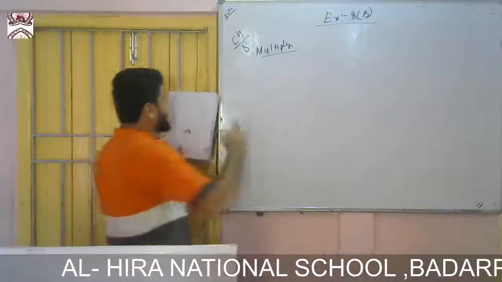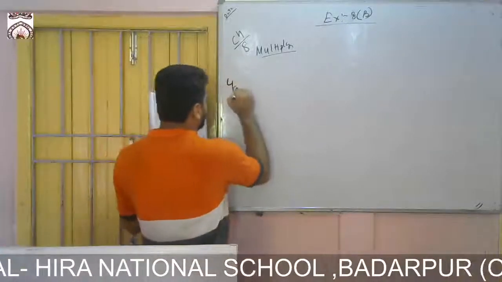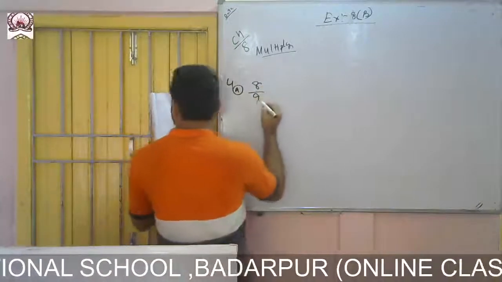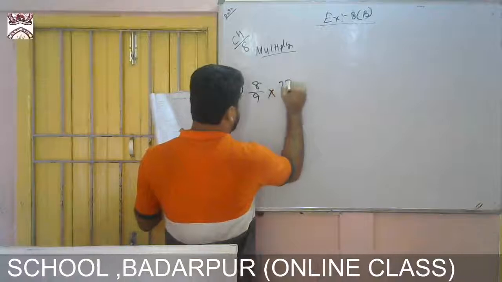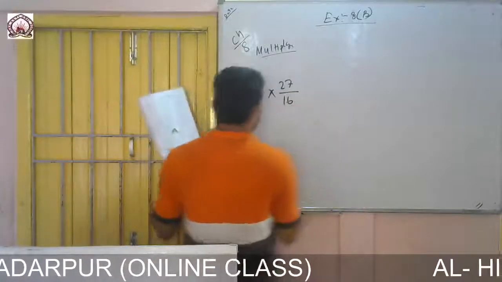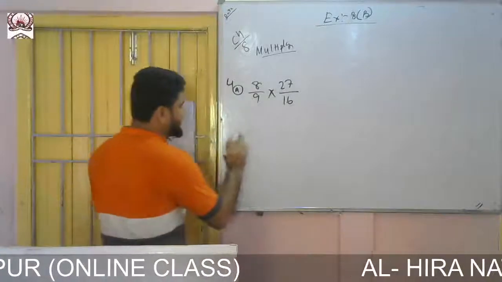So in question number 4A, 8 by 9 into 27 by 16.